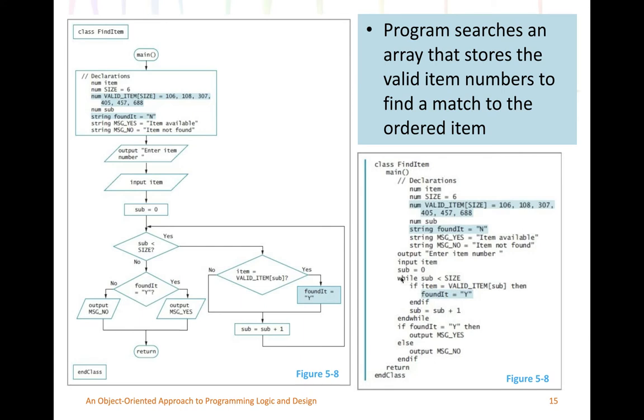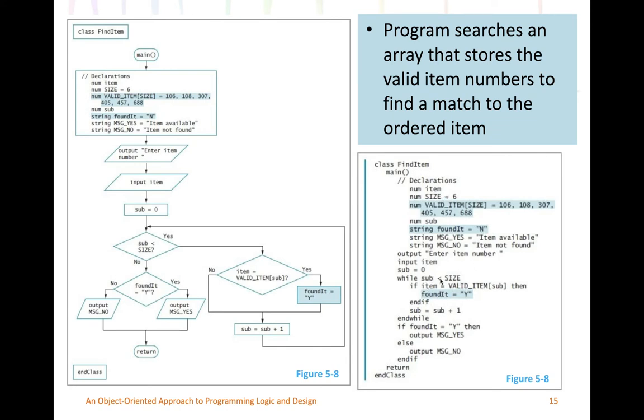Now we're going to use a while loop. So we have a while, and there's the end while to match. And notice the while is aligned with end while, and then they indent to show which statements are inside of that while loop. So while sub is less than size, sub is 0 right now. How do I know? Because they just set it to 0. So while sub is less than size, what is size? Size is 6.